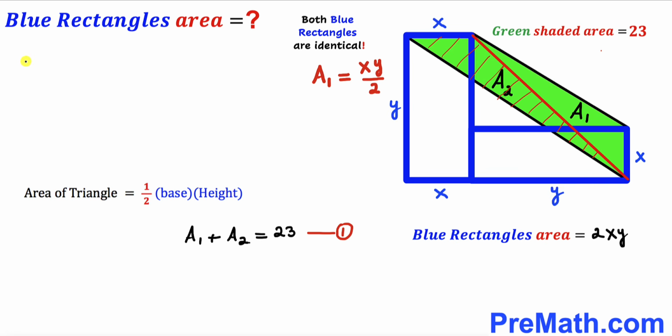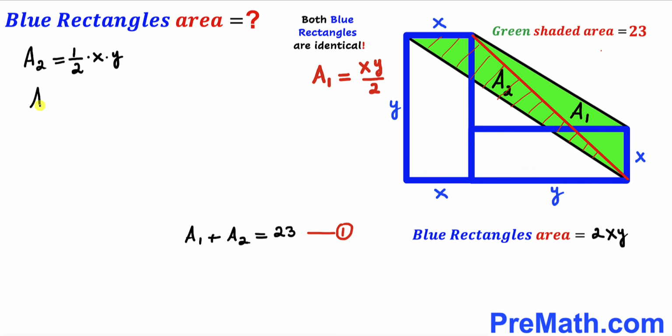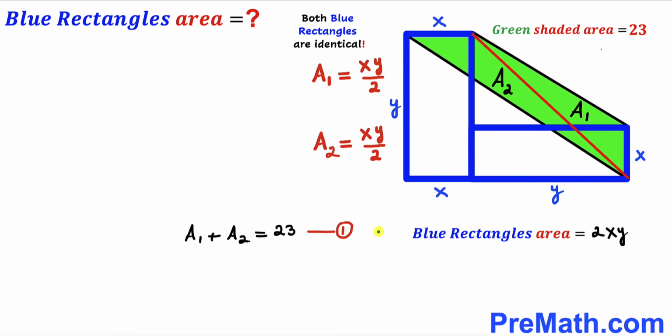So the area A sub 2 is simply a half times x times y. Now let's simplify. So our area A sub 2 is simply x times y divided by 2.